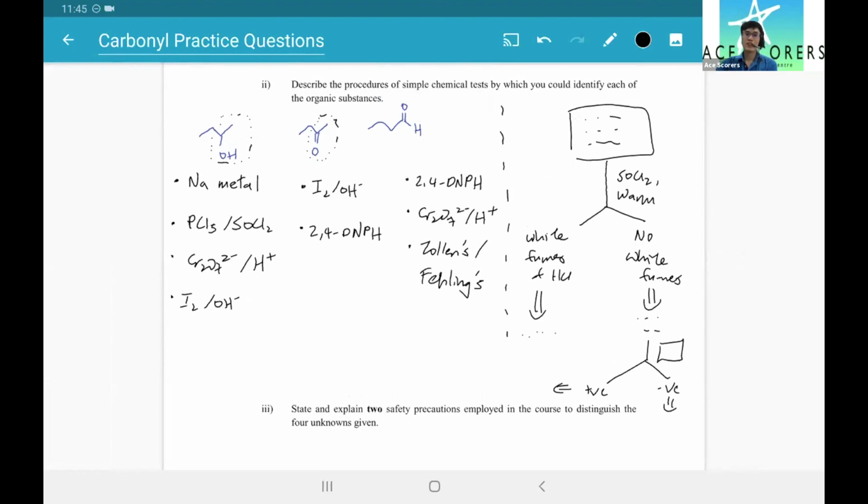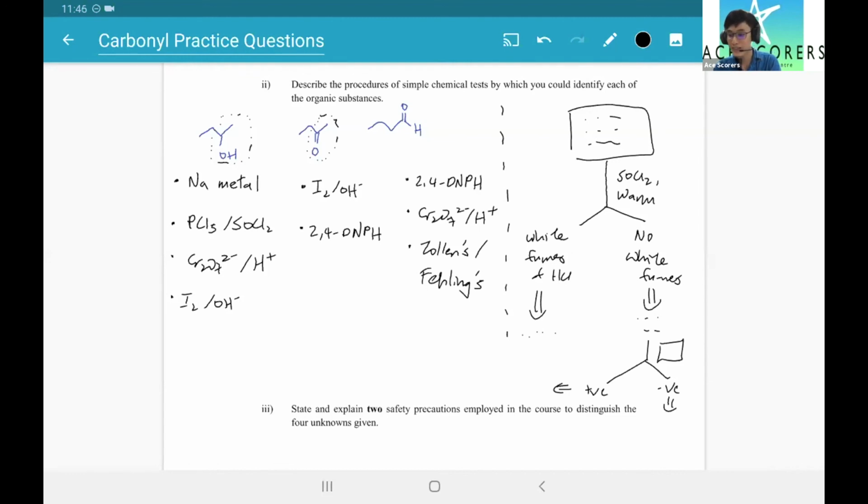So depending on the reagents and conditions you use, the safety precautions might differ a little bit. So Jiaxuan, what safety precaution did you give? You just give one can already? I just anyhow write and say wear gloves. Correct. Okay.